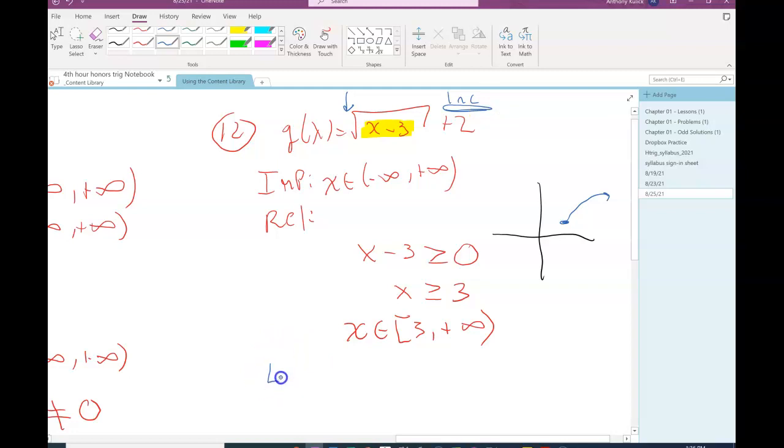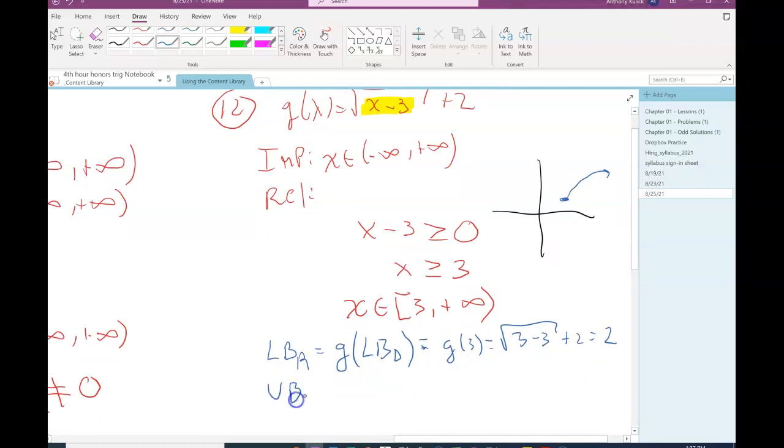So the lower bound for my range is going to be g of the lower bound for my domain, which is 3. So that's the square root of 3 minus 3, plus 2, which is just 2.